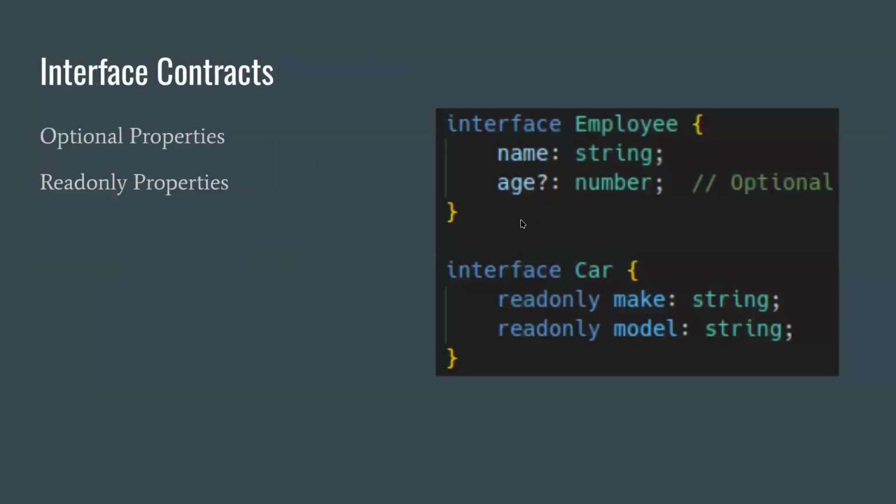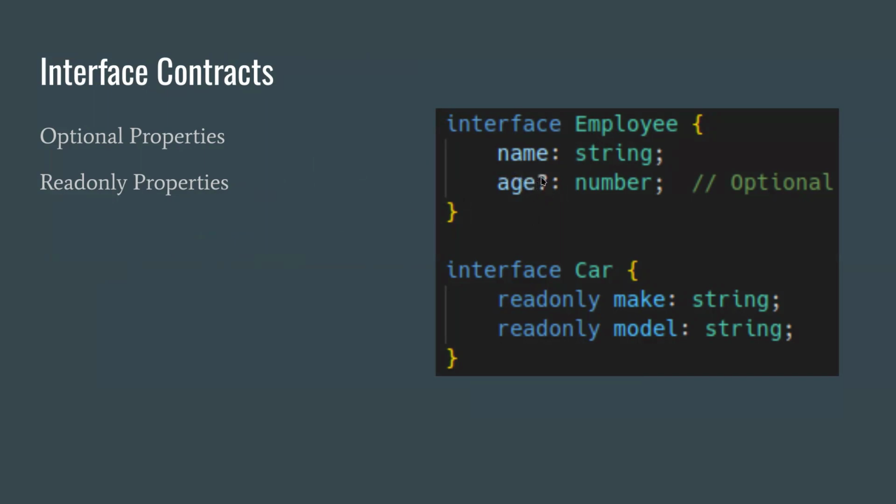Interface contracts. So interfaces are flexible. You can define properties to be optional or read-only. Here is an example of each. We have an Employee interface, and we can see that age is marked with a question mark.